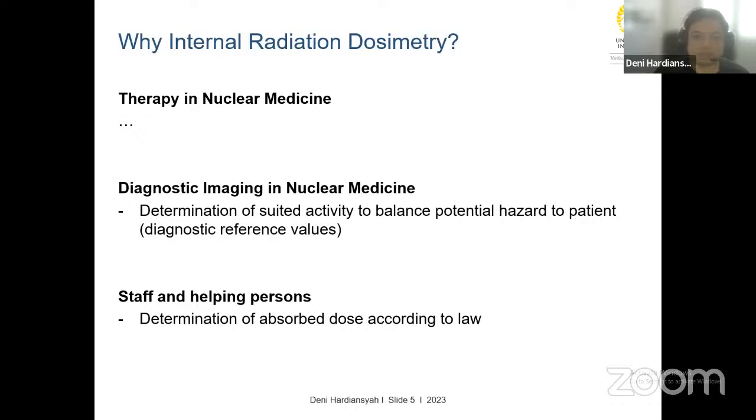Dosimetry is the term used for the process where we calculate this radiation absorbed dose.